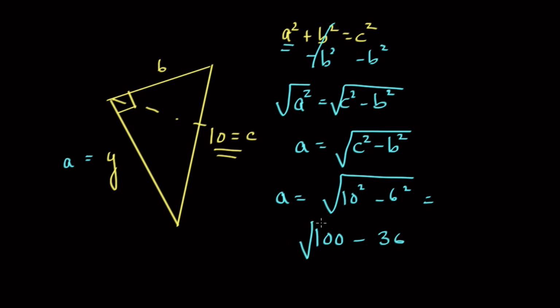So I end up with the square root of 100 minus 36. I'm calling it y here, so I just switched. 100 minus 36 is 64, and I know the square root of 64 is 8. So I put a circle around it, and you can follow along with the work. I did one step right after another, and you can see where I got this answer.